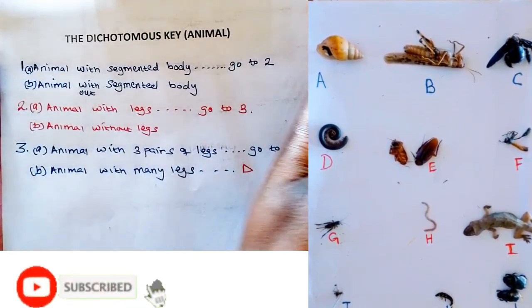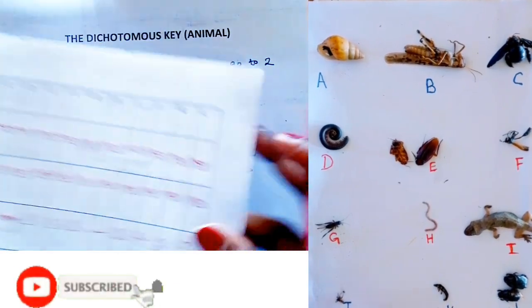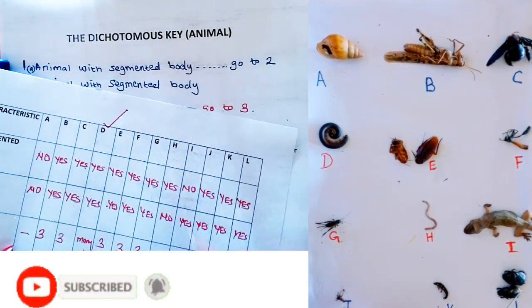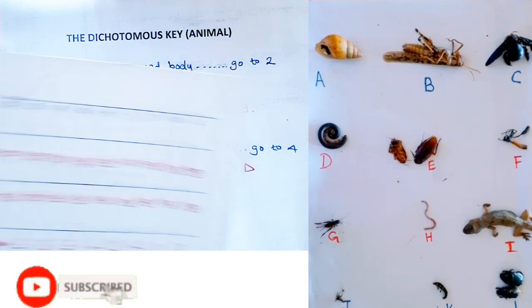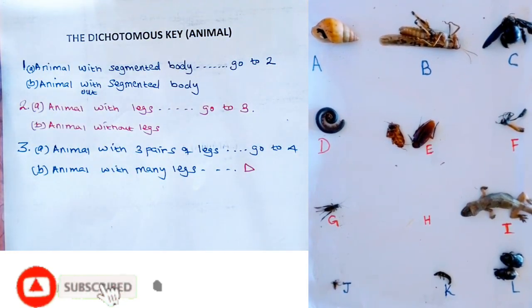Right. So we have already identified that. So on our table, we tick identified. So we proceed like this until all organisms have been identified.